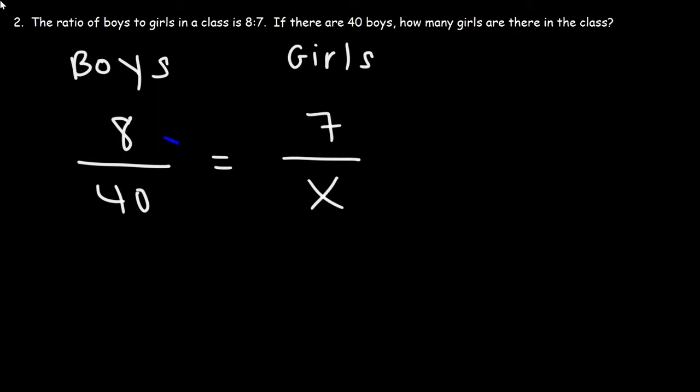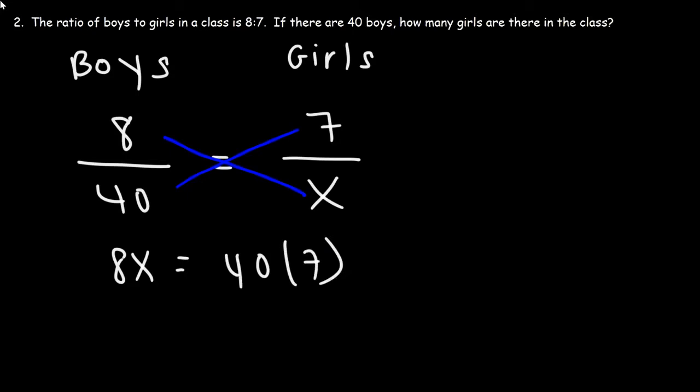Let's cross multiply. So this is going to be 8 times x, and that's going to equal 40 times 7. Now, we could multiply 40 by 7. 4 times 7 is 28. Add the 0, you get 280. But it's easier if we rewrite 40 as 8 times 5.